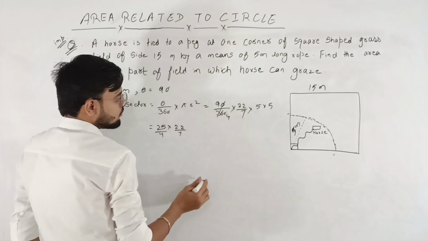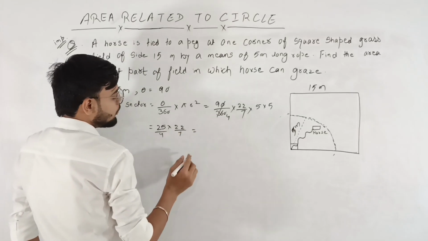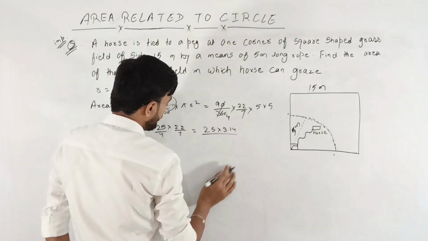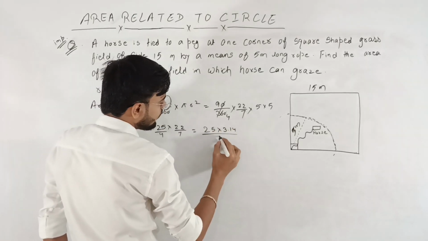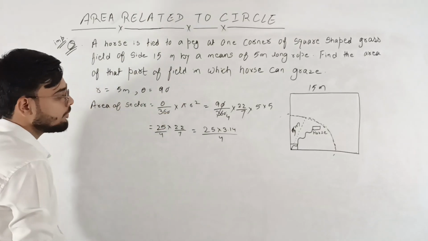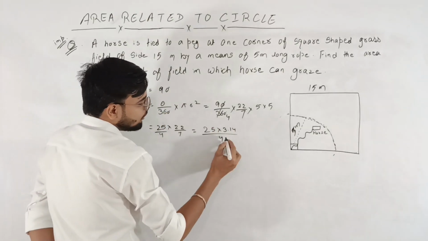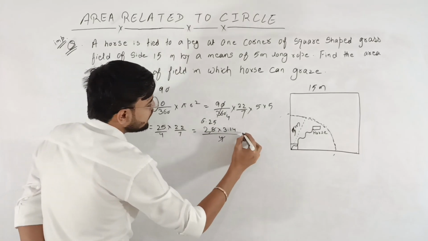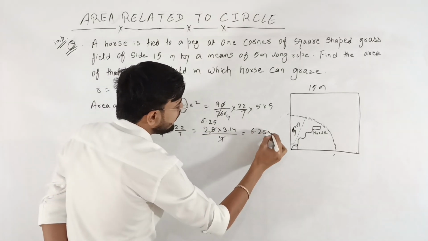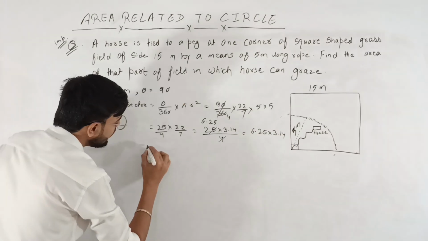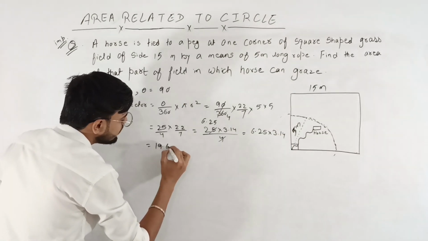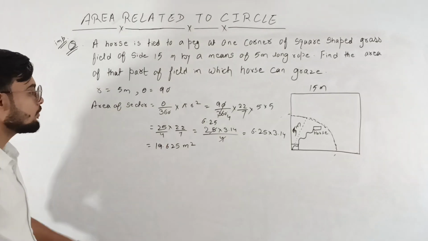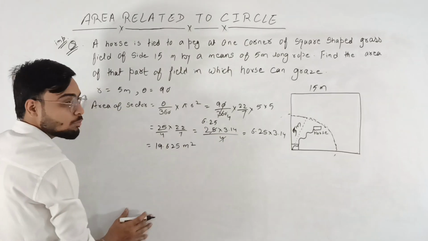Okay, I use 22 by 7 as 3.14. So this is 25 into 3.14 upon 4. Now 25 upon 4 is 6.25. Now this is 6.25 into 3.14. We get 19.625 meter square. Now this is the area of this sector, 19.625 meter square.